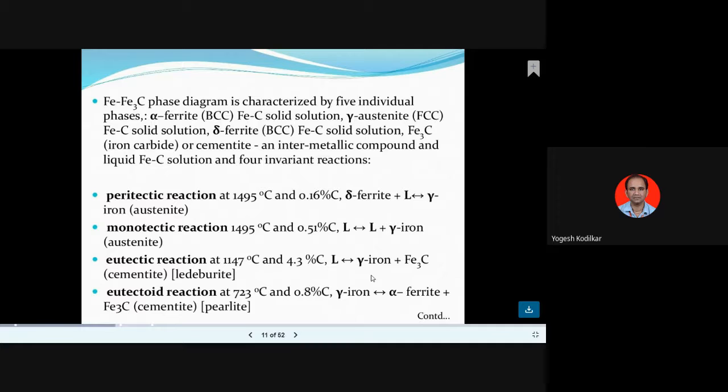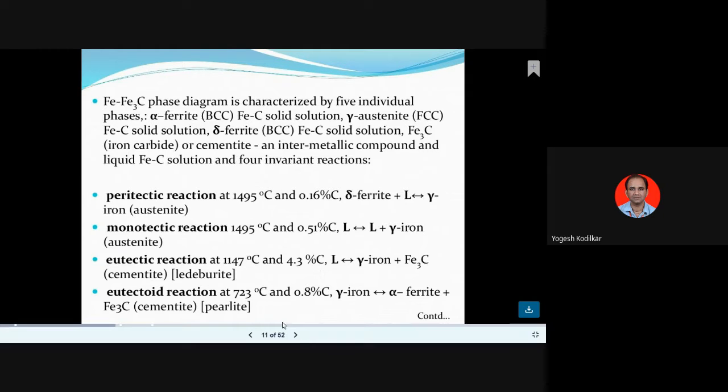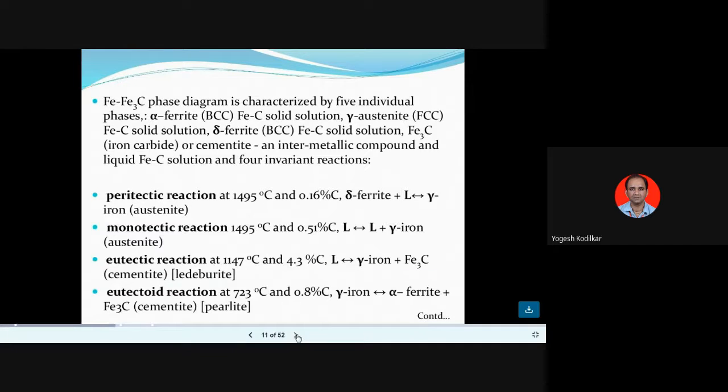The liquid gives rise to gamma iron plus Fe3C cementite phase. That is a medium temperature reaction. And the eutectoid reaction at the low temperature, at 723 degrees Celsius and 0.8% of carbon. This gamma iron changes to alpha ferrite plus cementite, called the pearlite phase.